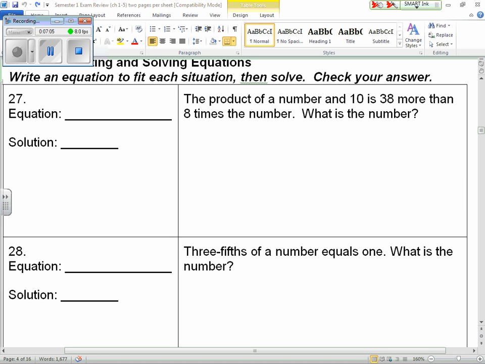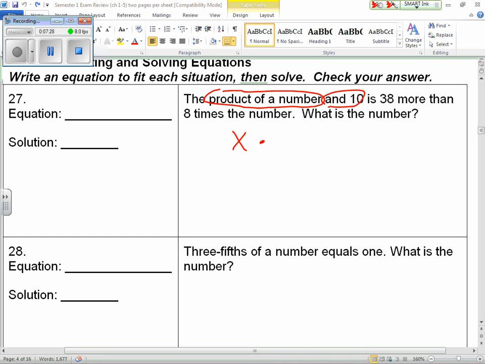Okay, on number 27, we have to kind of translate this into an equation and then solve that equation. So we want the product of a number and 10. So product is multiplication. The number, we'll call it n for number. Well, I'll tell you what, we'll call it x. Keep it standard.